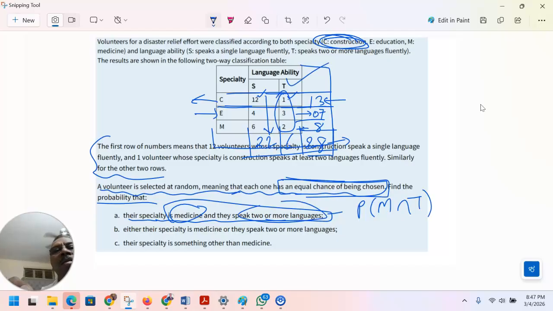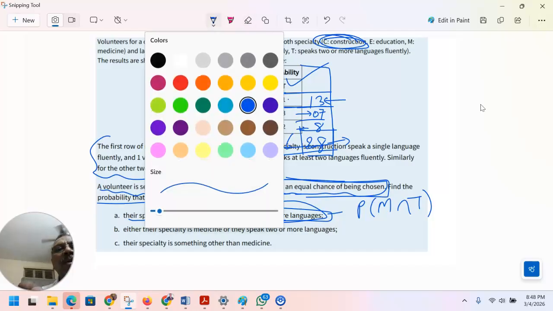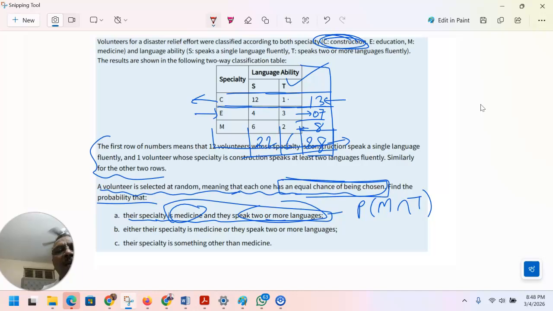So all you do is go back here and check. We'll go right here and see medicine. So go to the row of medicine, this one, and also go to the column of two or more languages. So that means this one. You're going this way. So two persons are good in medicine, and also they have both.